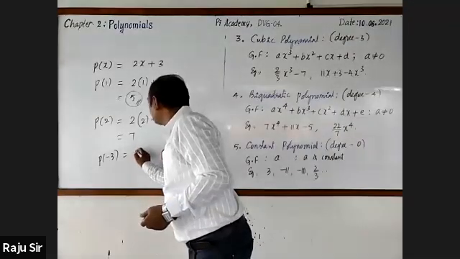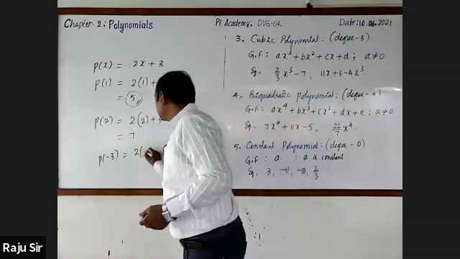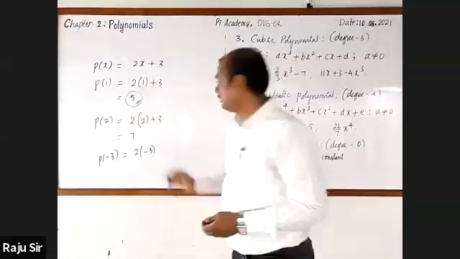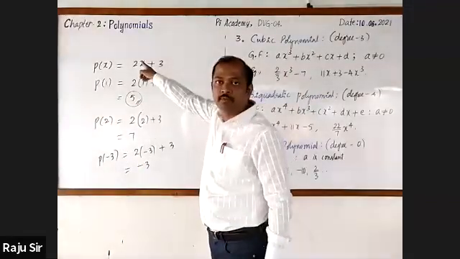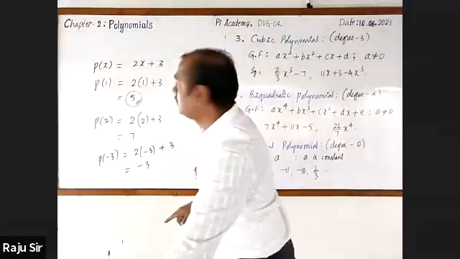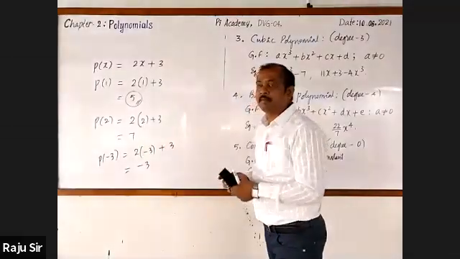It will be 2 into minus 3 plus 3. 2 into minus 3 is minus 6. Minus 6 plus 3 is minus 3. Here minus 3 is called the value of the given polynomial when x is minus 3.